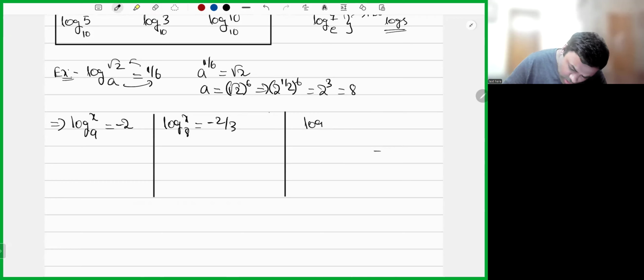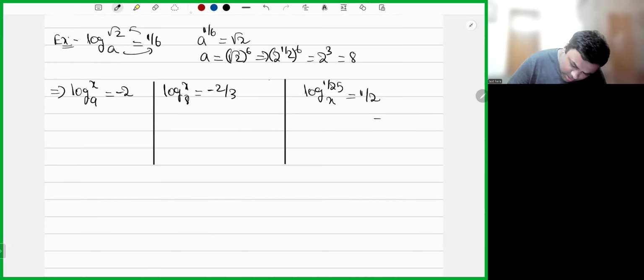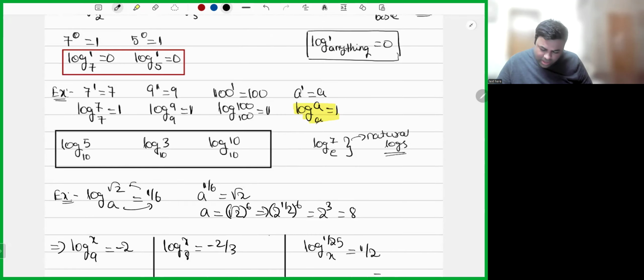Log 1 by 25 to the base x is equals to 1 by 2. I want you to calculate x value. Next. Log x to the base 10,000 is equals to 1 by 4. Go ahead and calculate the x value. Log x to the base 4 is equals to minus 1 by 4. Go ahead and calculate the x value.